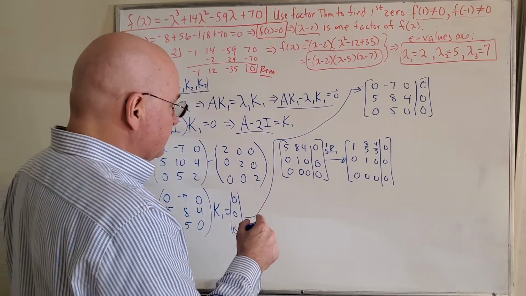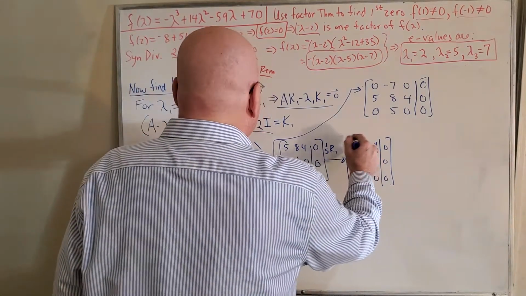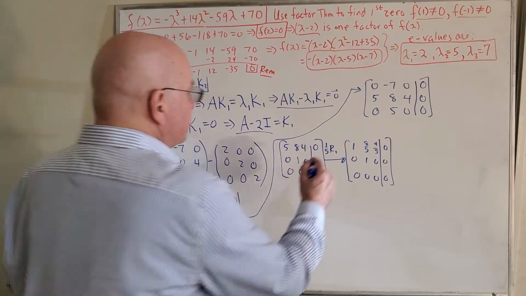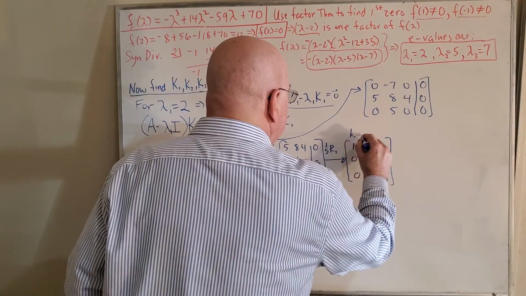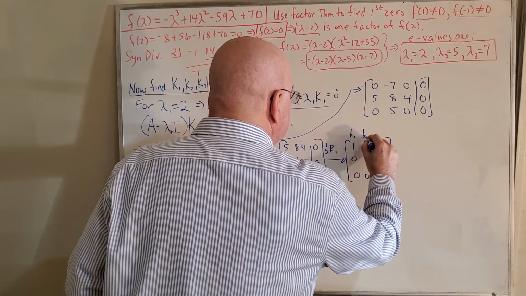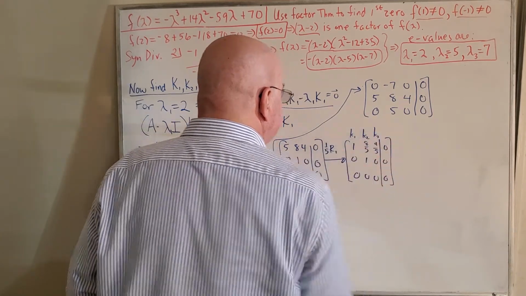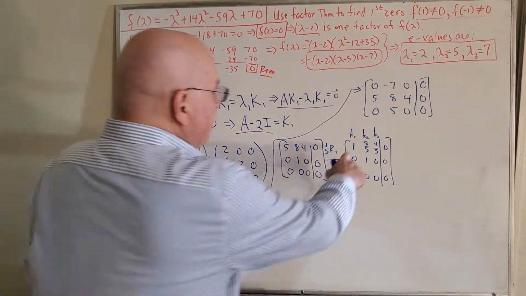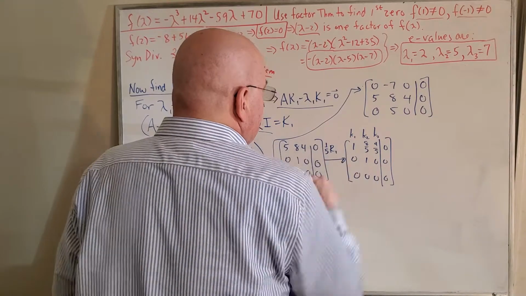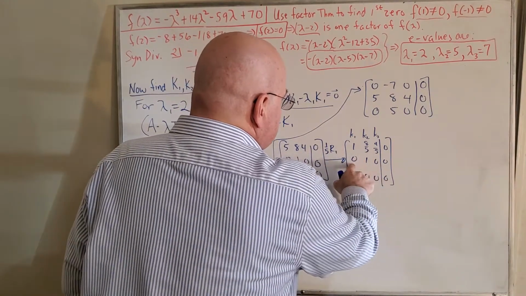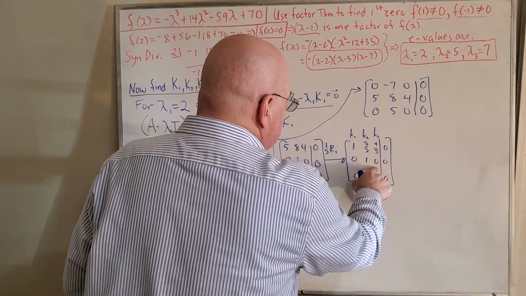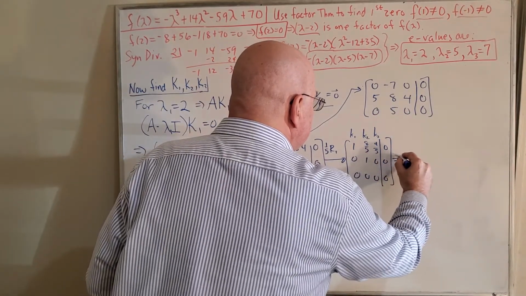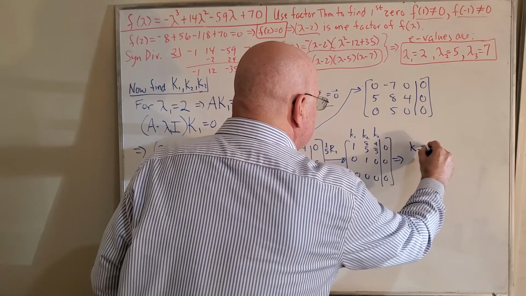Row 2 tells us that, let me refer to the elements of this vector as little k1, little k2, little k3. The elements of this big capital K1. That tells us that K2 is 0, because 0 times K1 plus 1 times K2 plus 0 times K3 is 0. So we get that K2 is equal to 0.